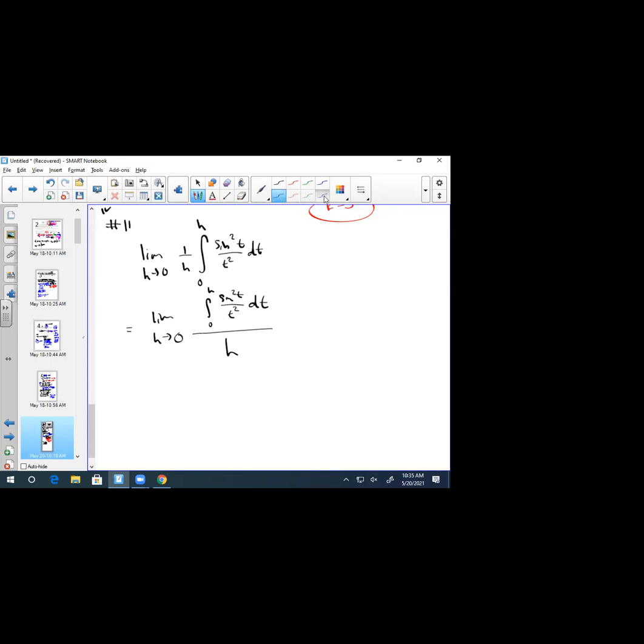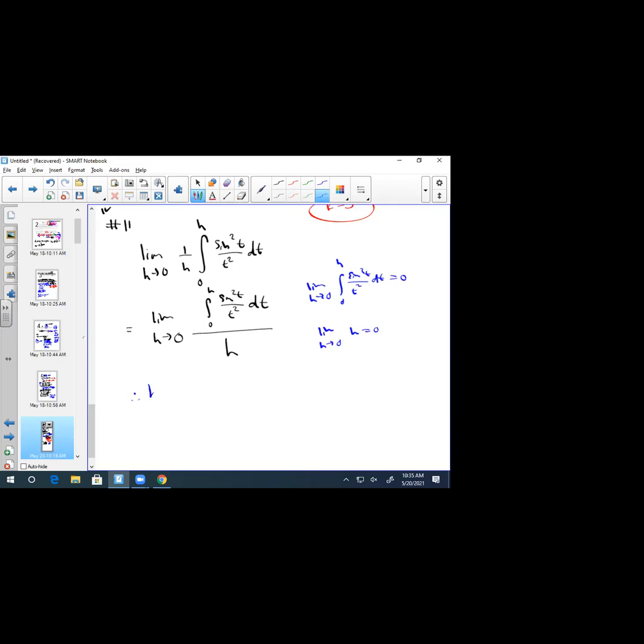So here's how I would indicate that if I were writing this on the AP exam, right? I would say limit as h approaches 0 of the integral from 0 to h of sine squared t over t squared dt equals 0. And I'd also say limit as h approaches 0 of h equals 0.